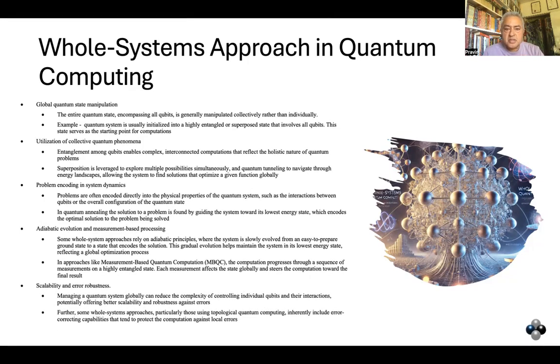We also have this inherent idea of scalability and error robustness, because, as opposed to a gate-based approach, the idea here is that it's easier to add additional qubits, but since you're operating at the level of all qubits, scalability becomes easier, and robustness against errors also is easier.